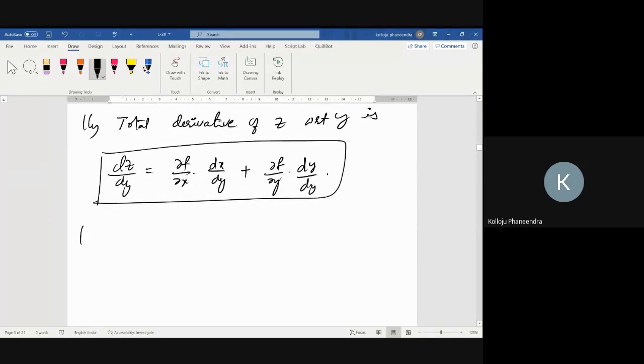Similarly, for u equal to a function of x, y, z, that means u is a function of three variables. What is the first total derivative?